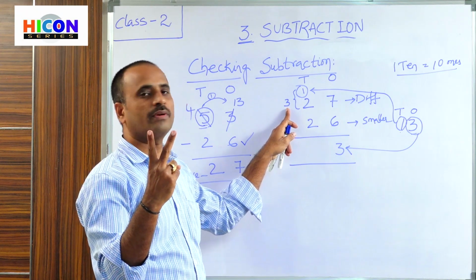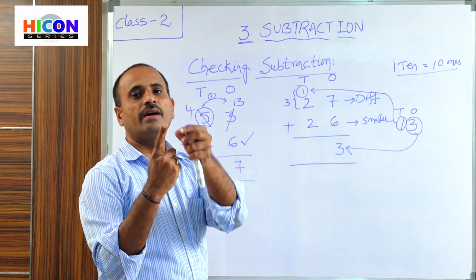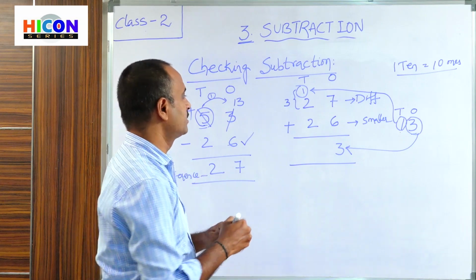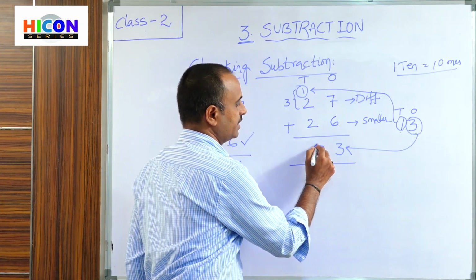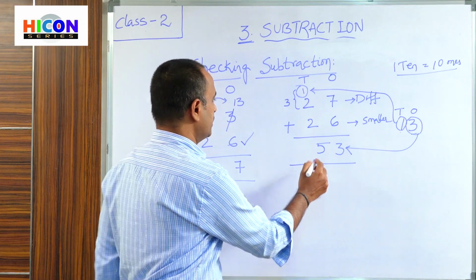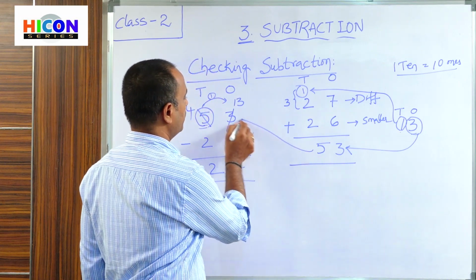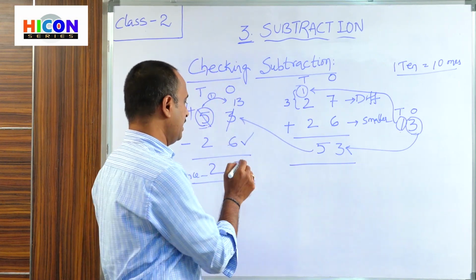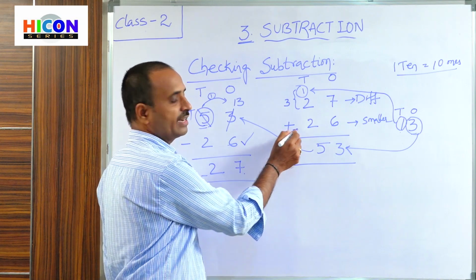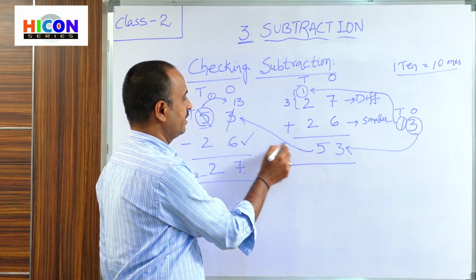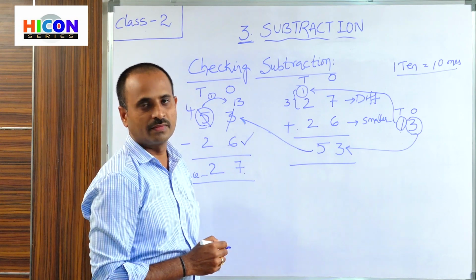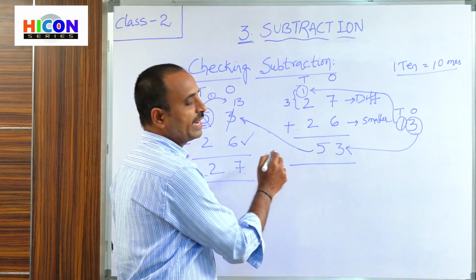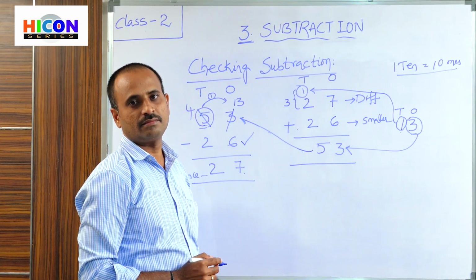Start counting from 4. So 4 and 5. So the sum is 5. So the answer is 53, which is equal to the greater number. So if we add the difference to the smaller number, we have to get the greater number in the subtraction. That's why our subtraction is correct.